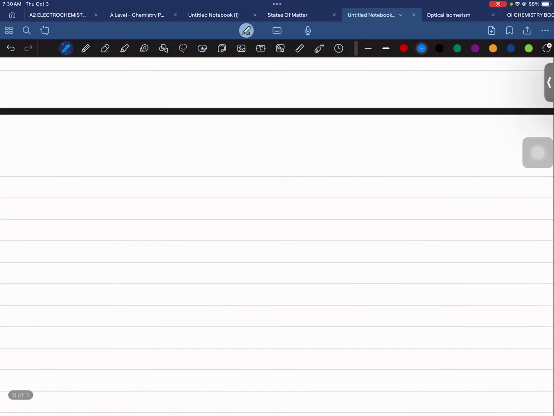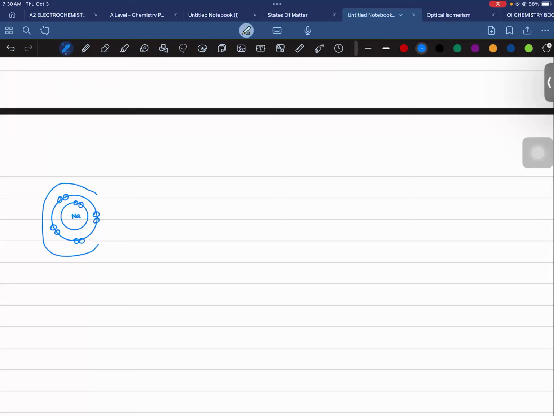See this. This is the sodium. I need your attention. I have 2 electrons in the first shell. Then I have a second shell in which I have 8 electrons. 1, 2, 3, 4, 5, 6, 7, 8.